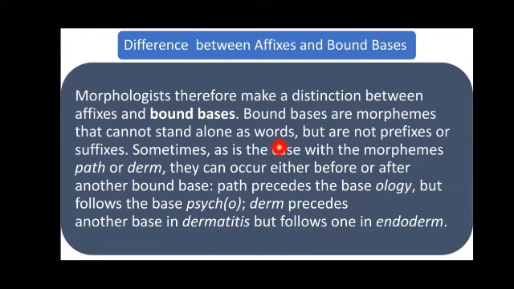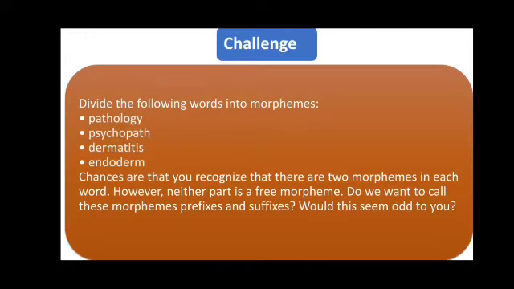So we have two bound bases in psychopath, psycho and path. Psycho is a bound base and path is also a bound base. They cannot stand alone as words, but they are not prefixes or suffixes. Neither are they called prefixes and suffixes. You can see here psychopath.